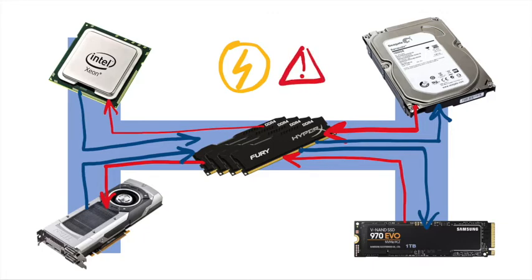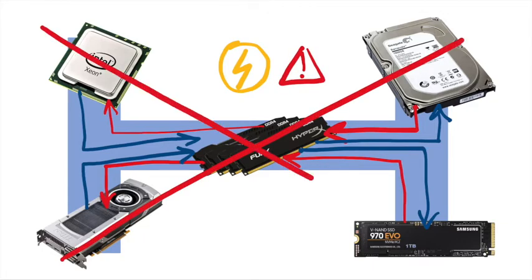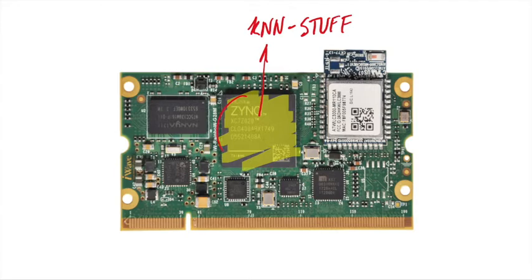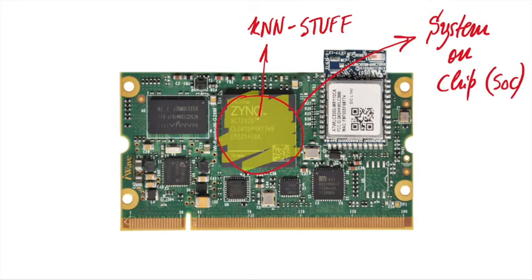The solution that we present, designated KNN Stuff, consists of a system that leverages the properties of the technology and the KNN algorithm to mitigate these issues. KNN Stuff targets a platform called System on Chip, or SoC, that incorporates both a general-purpose CPU and reconfigurable logic, a field-programmable gate array.